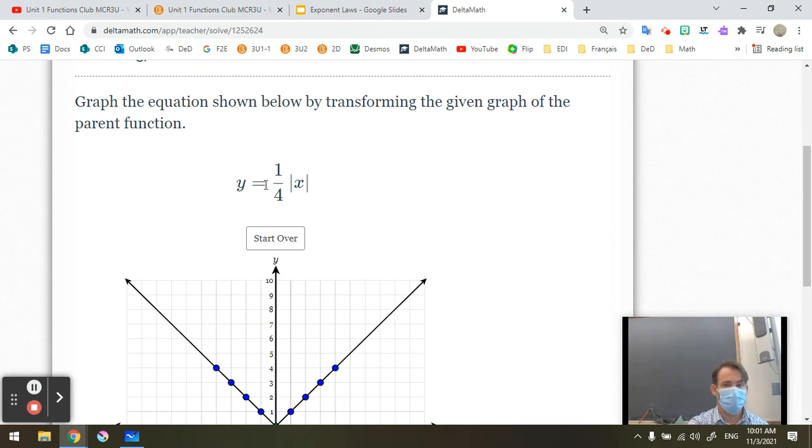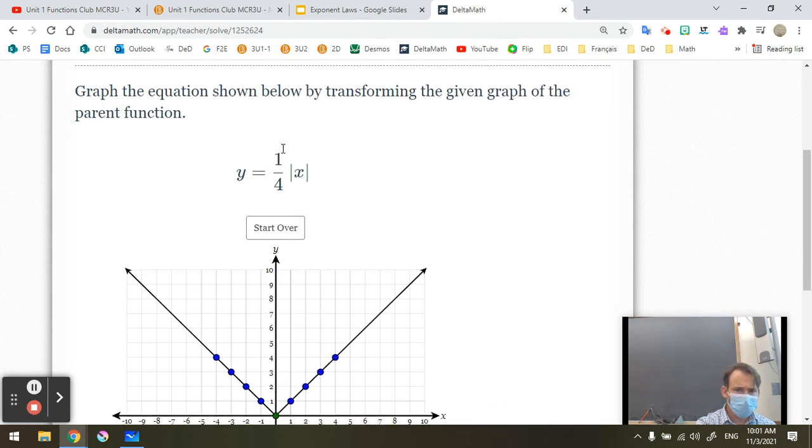Here's the absolute value function, one of our old friends. What's this function transformation doing? Austin, tell me about this function transformation. Well, what's this 1 over 4 doing? You could tell me, is that an A, a K, a C, or a D? Or you could describe the transformation.